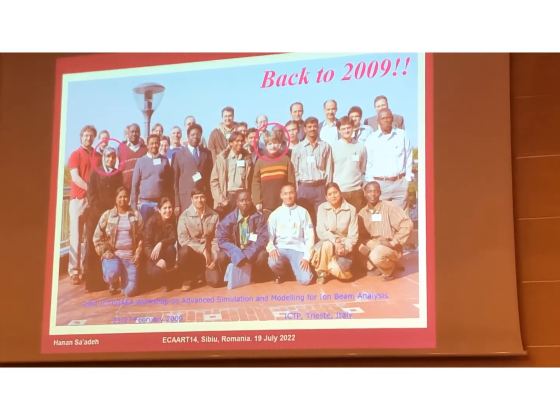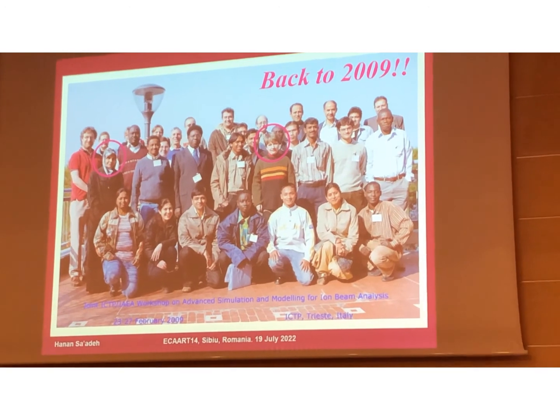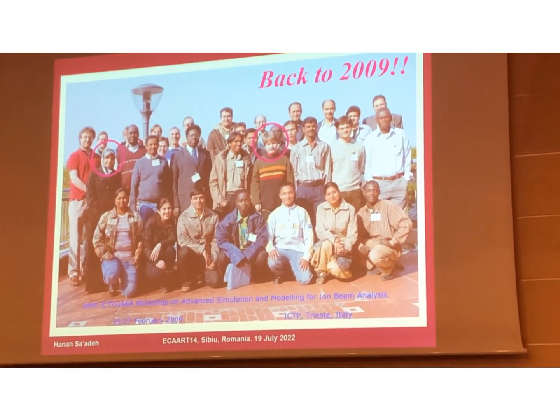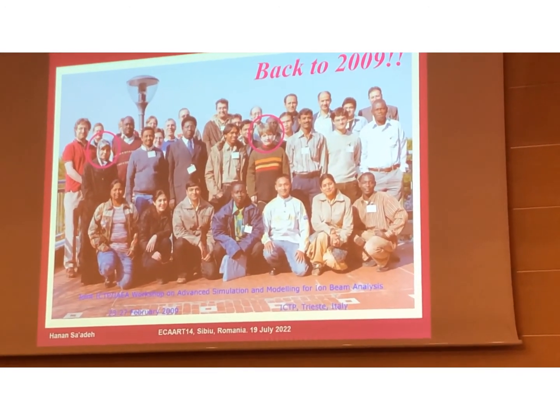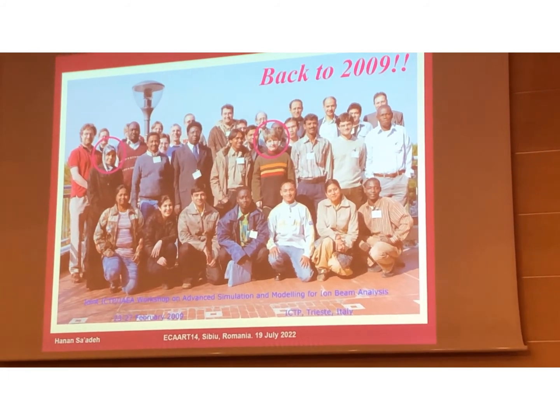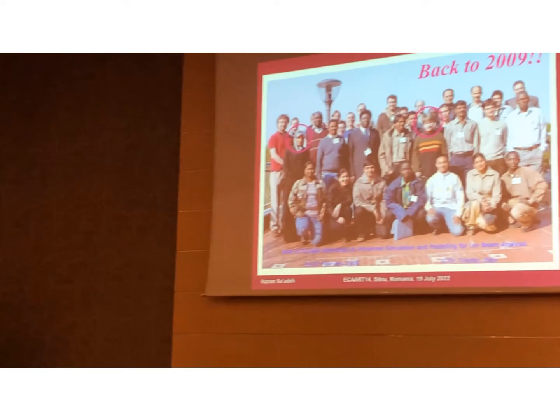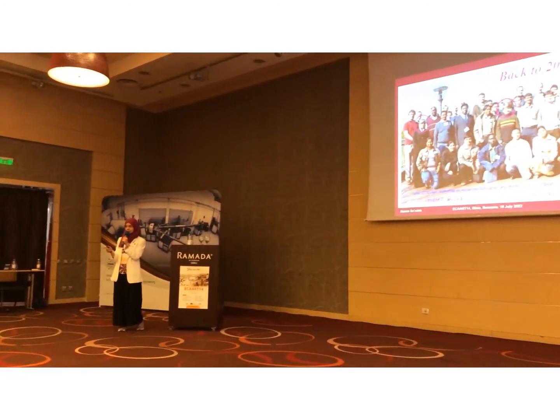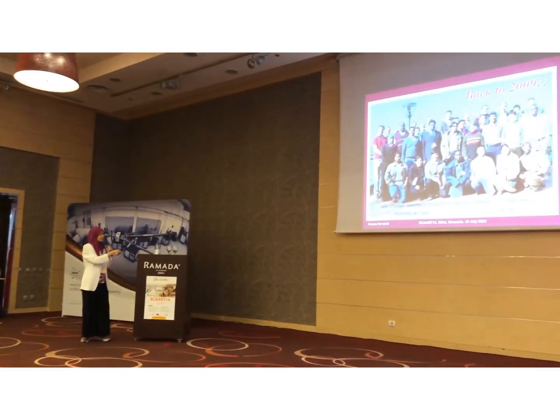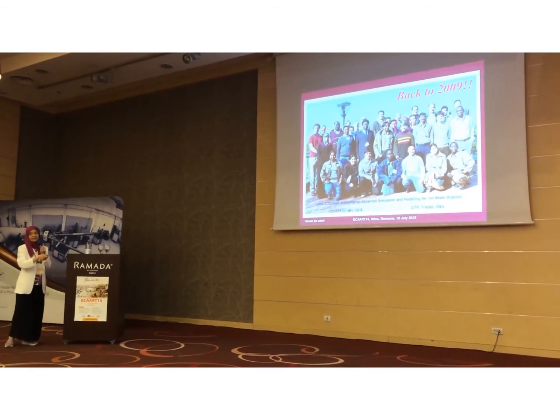So, the lesson learned, there are many lessons that can be learned from this photo. I would highlight two, especially for myself and for the students, because I see many students in this conference. First of all, if you are young or if you are short, always go in the front line in the photo.